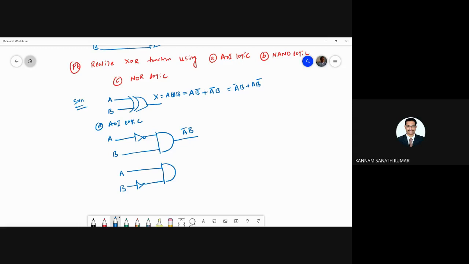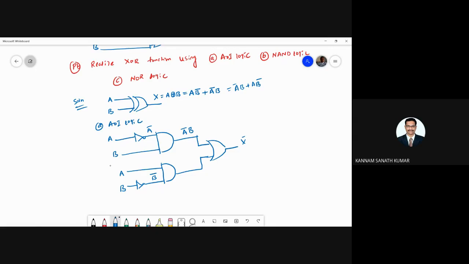This is A, and B is coming through the inverter. So this is nothing but A bar, and this one is nothing but B bar, and it is given to the NOR gate.